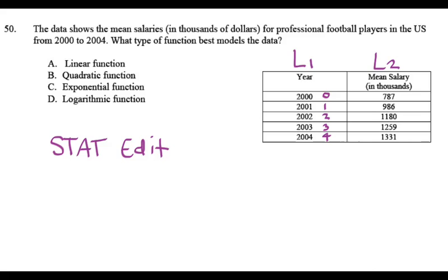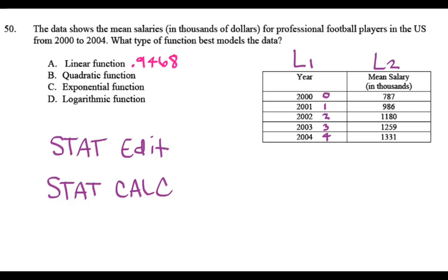Now I'm going to do the same thing. Once we have it in there, you're going to go to Stat again and move over to Calc, and you have those options for the linear regression, quadratic regression, exponential regression, and logarithmic regression. Linear regression is number 4. Go down to Calculate, and for your R squared it gives you 0.9468.